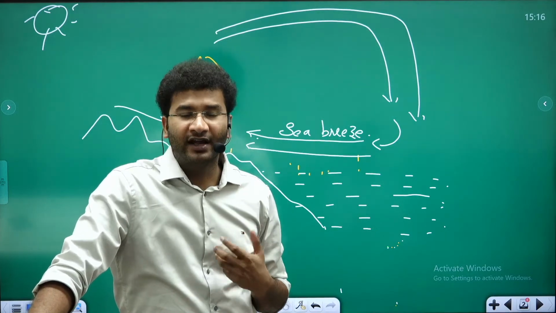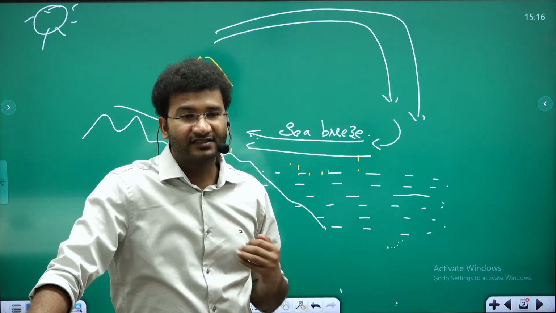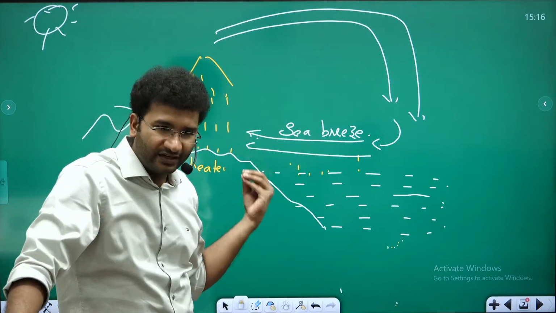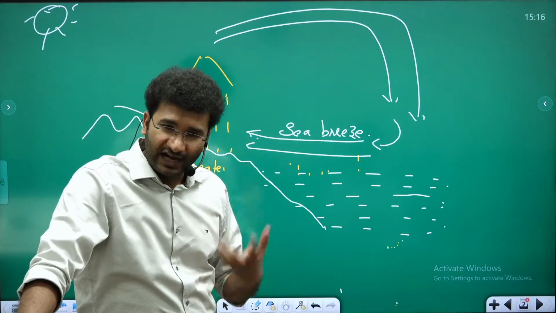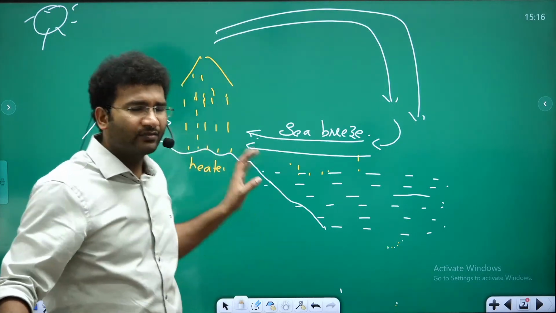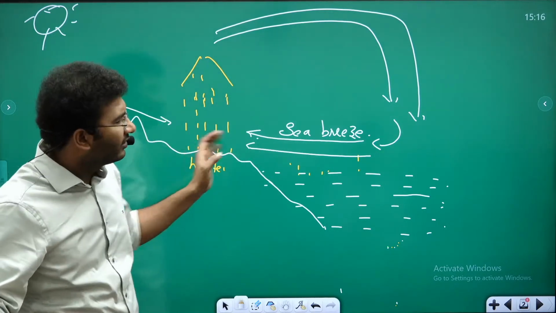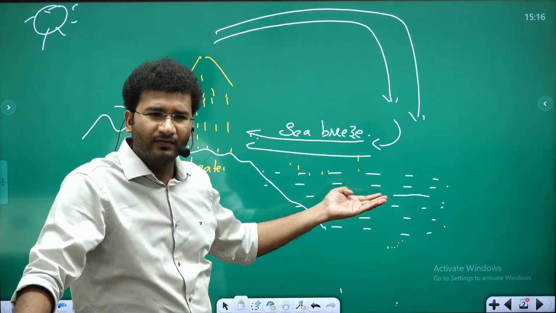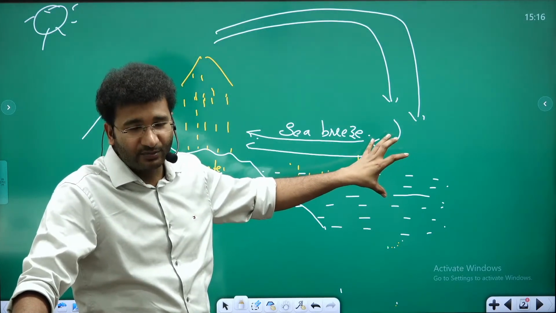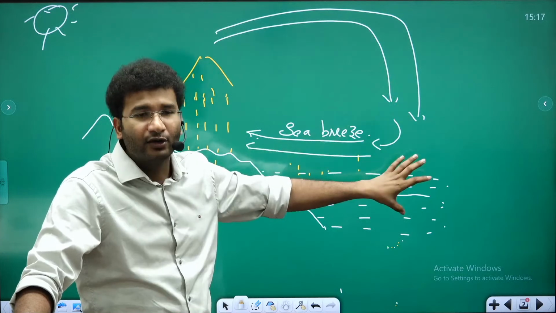But during the night time, what happens? The system entirely reverses. Why does it reverse? Because the land is heated fast and it also cools fast. So at night time, the land cools fast and the water takes some time to cool. By then the water is still at a slightly higher temperature, so it will act as a low pressure region.